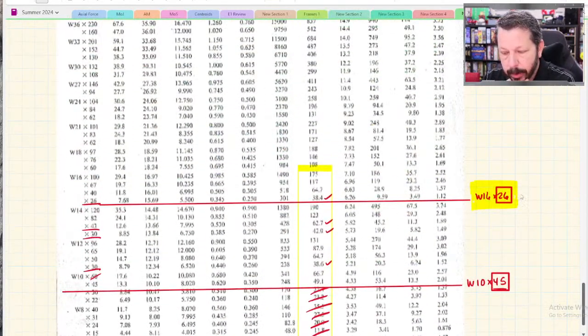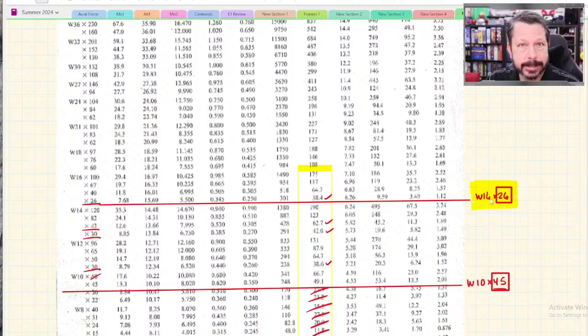So for all the beams, the W or the letter is describing the shape of the beam. So W is wide flanged I-beam. S is standard flange I-beam. WT is wide flange T. C is a channel, and L is a right angle beam. I think those are the ones we use. The first number, 16 in this case, is the nominal depth, so what we call the depth of the beam.